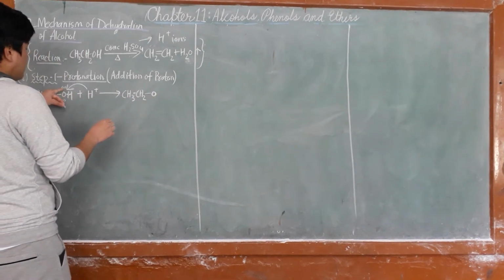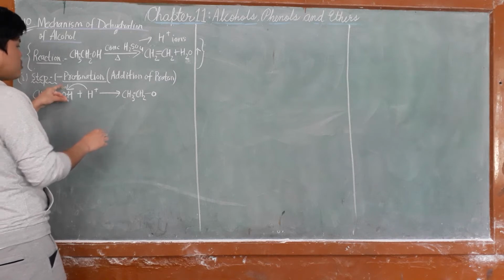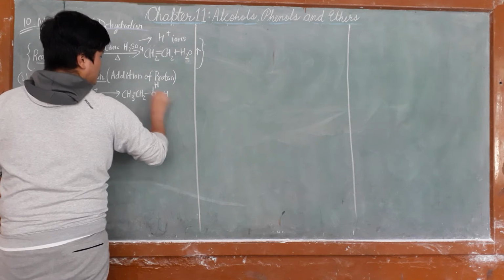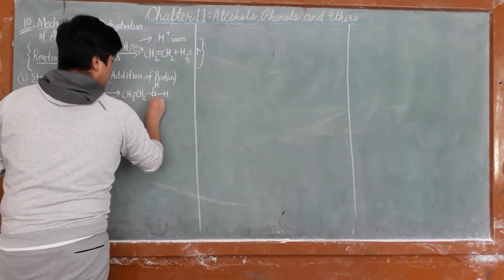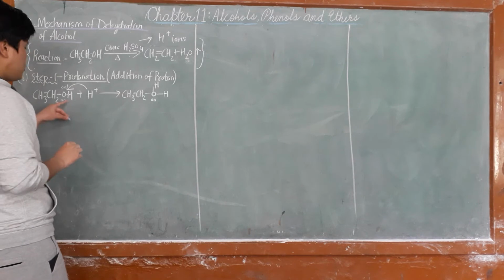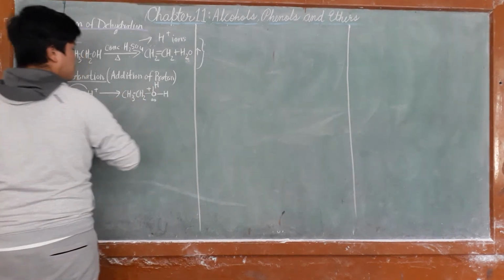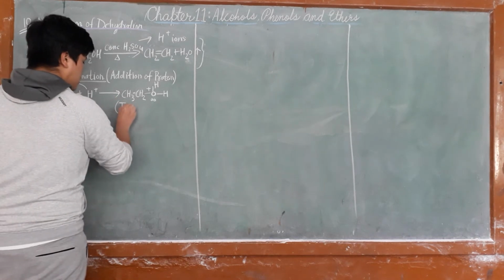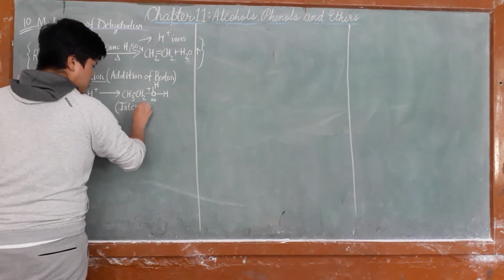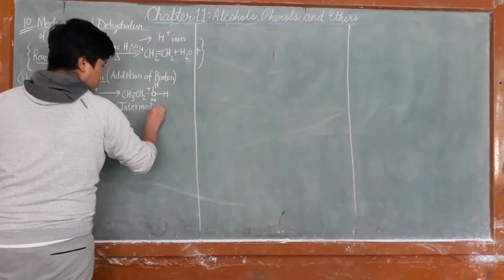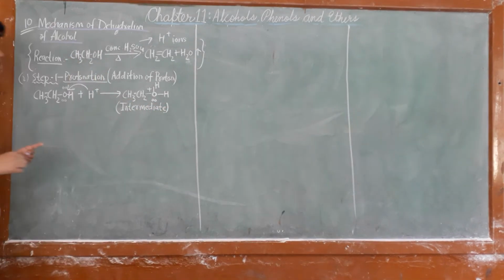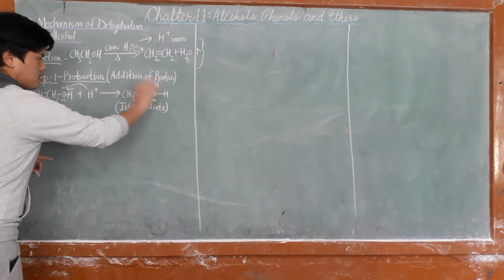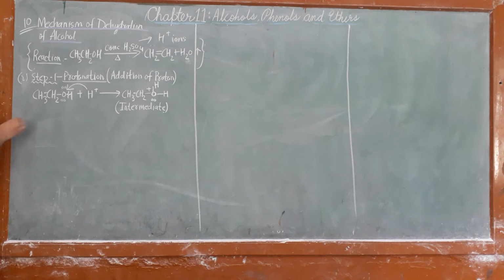The H plus forms a coordination bond with the lone pair of oxygen, and this oxygen will now have a lone pair and a positive charge. So this is an intermediate that you will get. The positive charge will shift to the oxygen atom in this manner. That's step one.